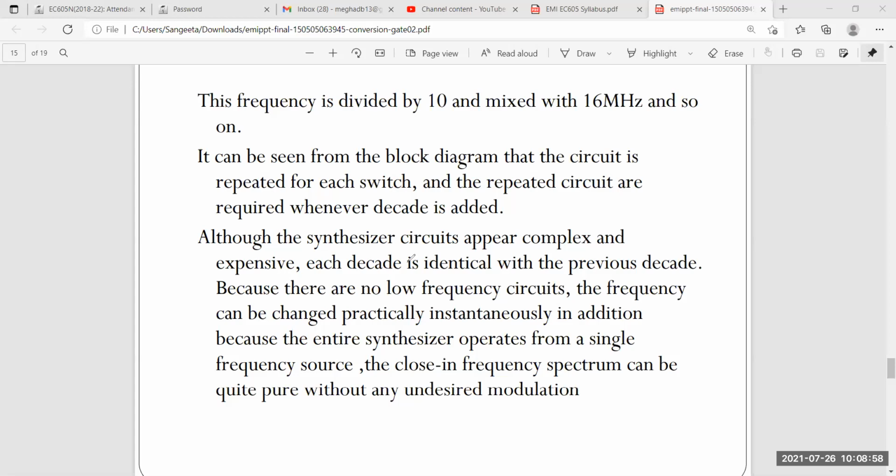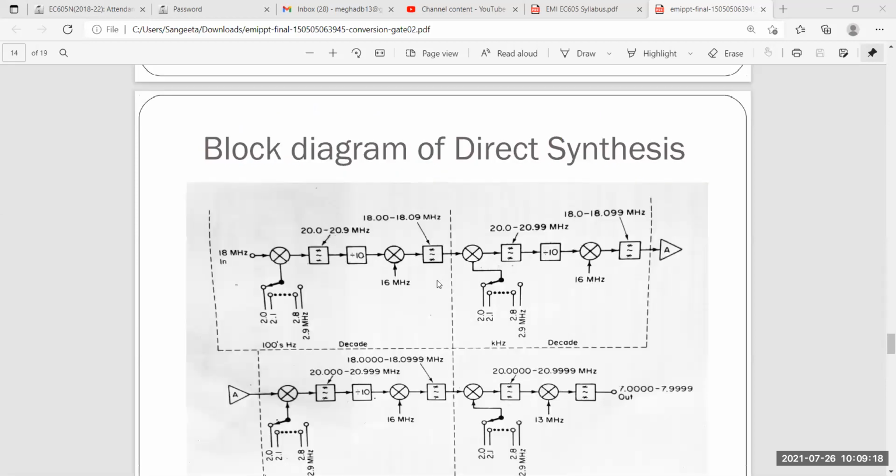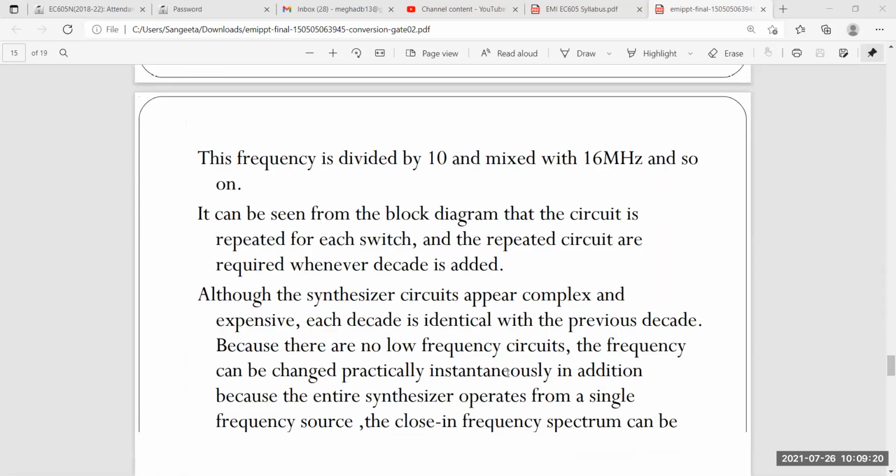There is no undesired modulation, so everything is going on accordingly, and the frequencies change practically instantaneously in addition of each decade. So you can see from the above picture what the decades added here are.